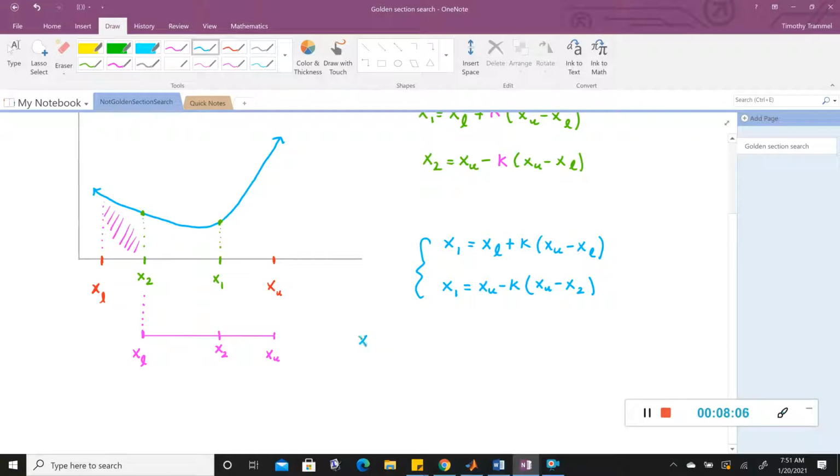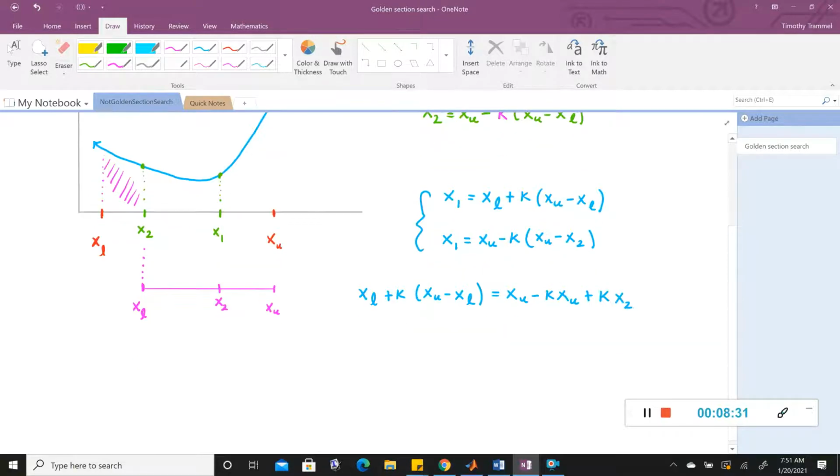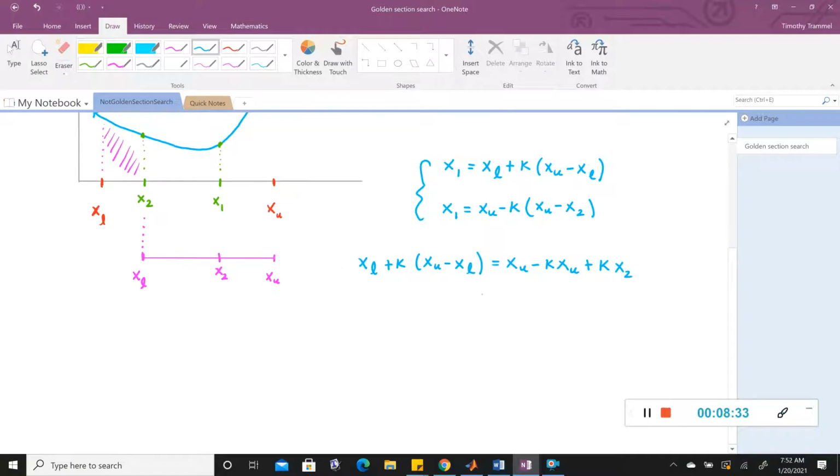So we have our x lower plus k times x upper minus x lower is equal to x upper minus k times x upper, and then double negative, so plus k times x2. And we'll keep going here.